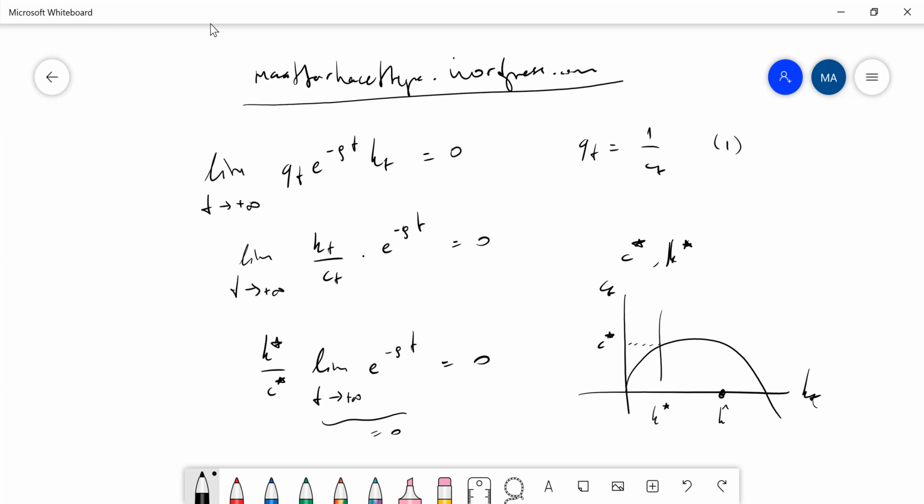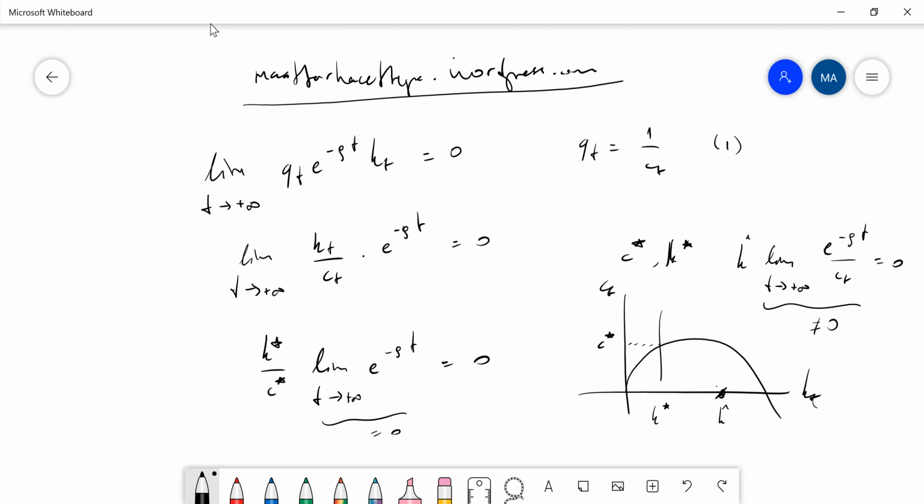In such a point, the transversality condition is written in this way: K hat, a positive number going out, with the limit t going to positive infinity of e to the minus rho t divided by C_t. And obviously, this is not 0. Regardless of how fast consumption goes to 0, it doesn't really matter, because consumption is already 0 there.